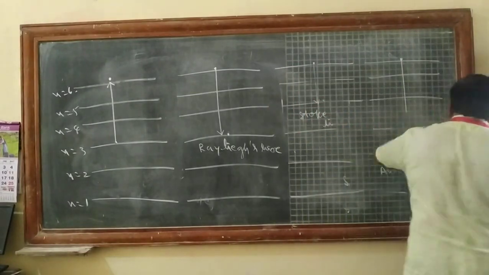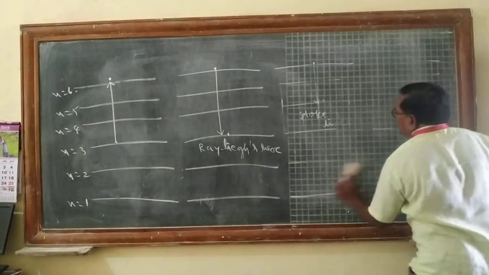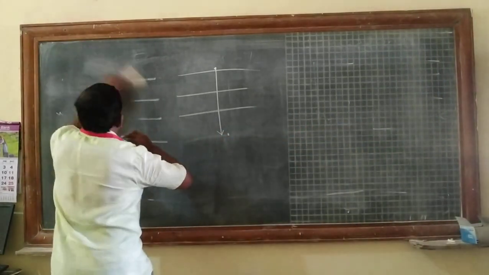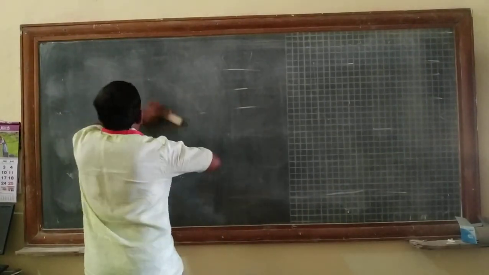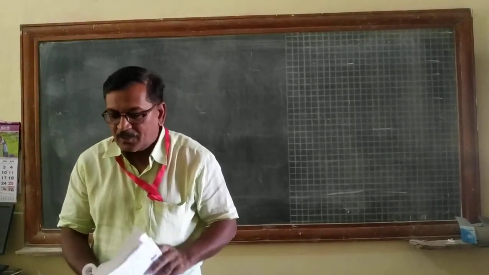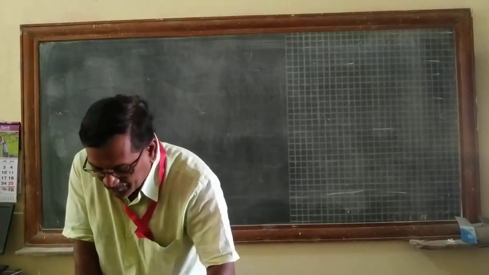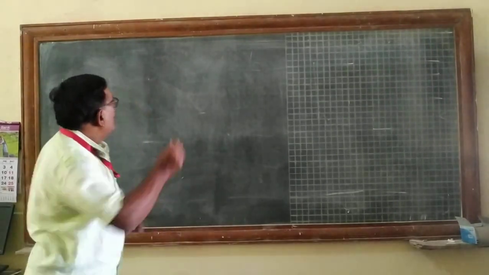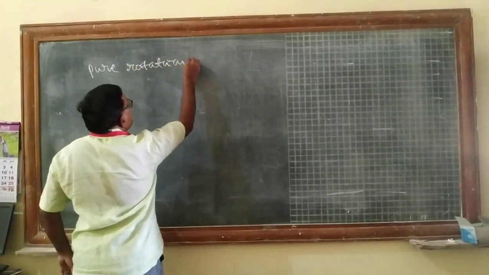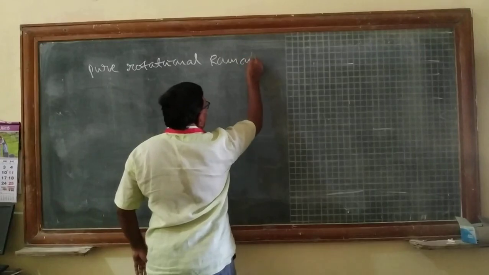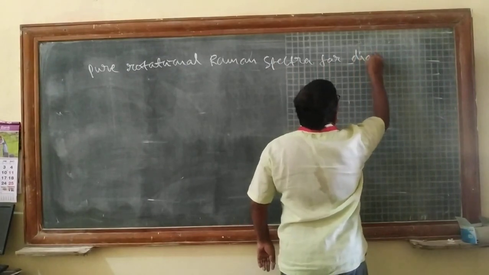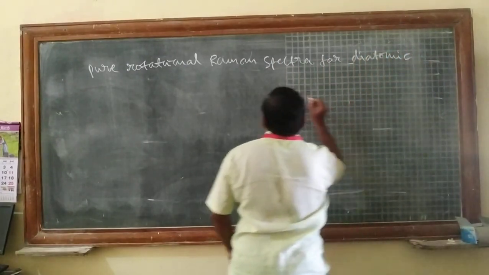Then in Raman spectroscopy, next you come across the rotational spectra and vibrational spectra of Raman spectroscopy. Here, this is called the pure rotational Raman spectra for diatomic molecules.